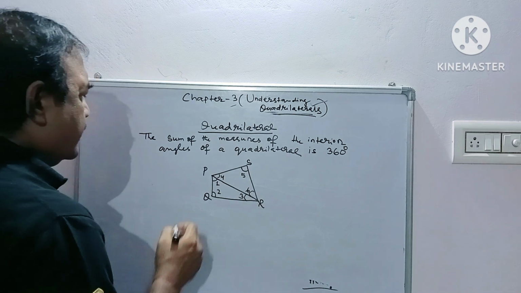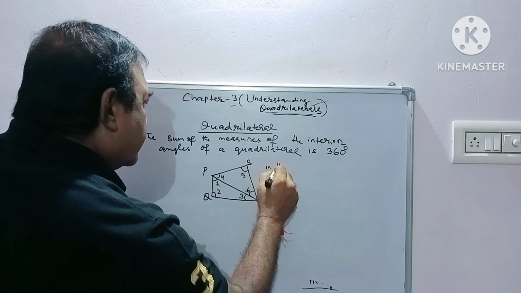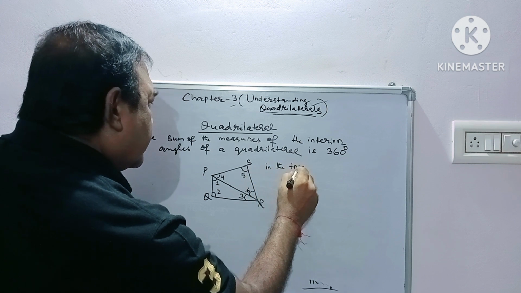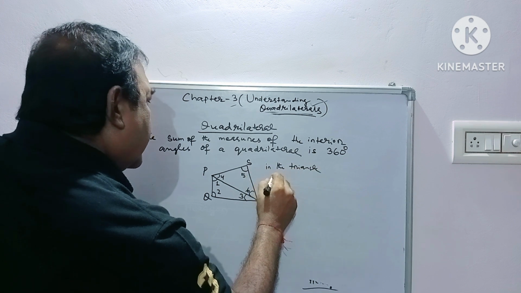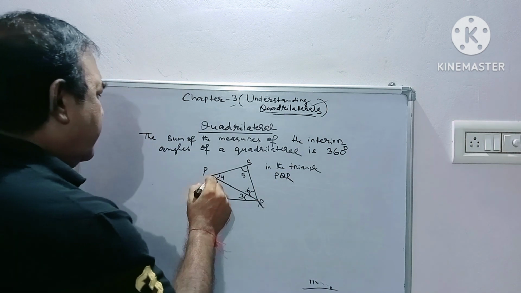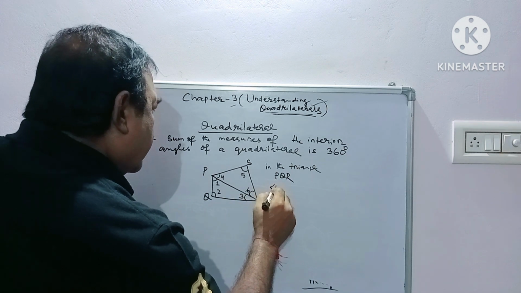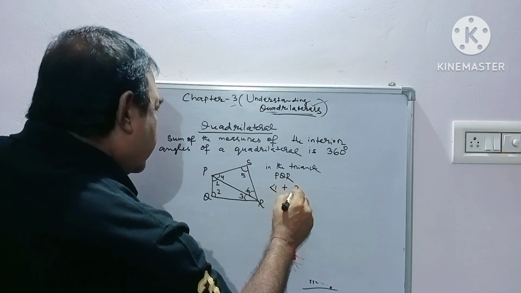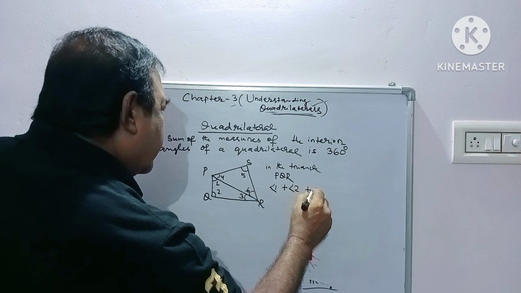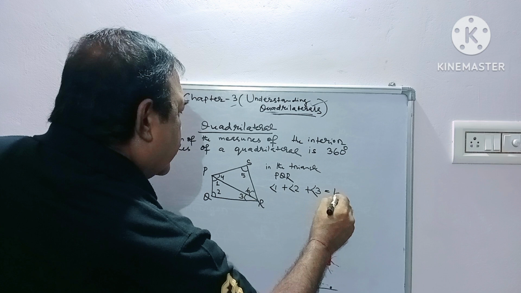And you see, in the triangle PQR, measure of angle 1 plus measure of angle 2 plus measure of angle 3 is equal to 180 degrees.